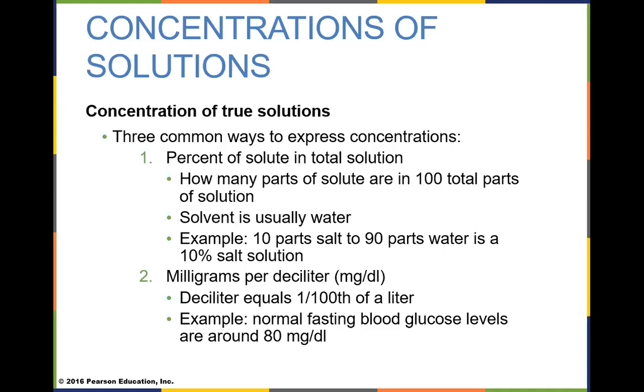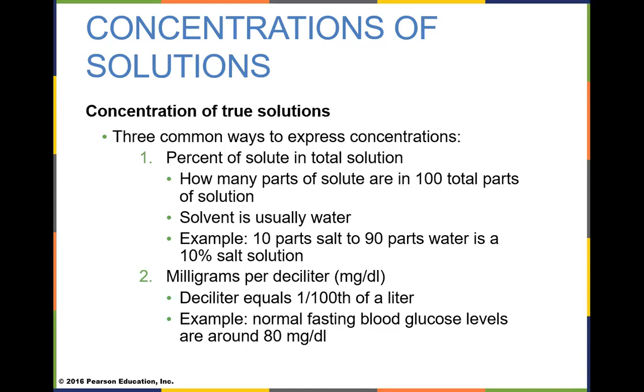As I said the other day, if I take a 1 liter beaker and fill it with water to the 1 liter mark, I have 1,000 milliliters of water. If I add 100 grams of salt to that, I now have a 10% solution of salt, because 100 is 10% of 1,000. You don't get hung up on the milliliters and the grams, just take the numbers. 100 is 10% of 1,000, or 400 is 40% of 1,000.